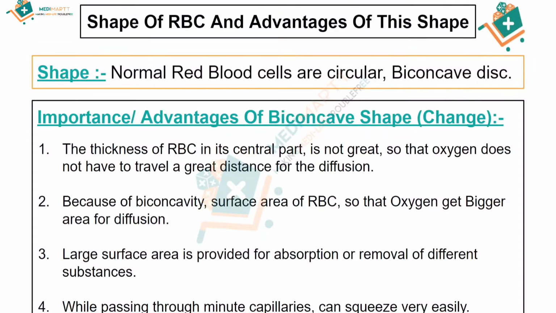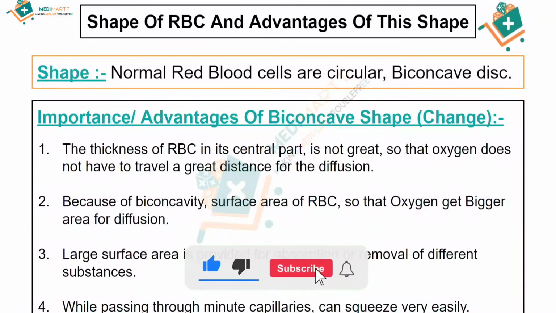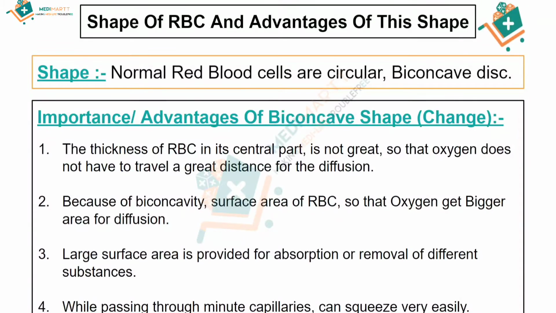Now, what are the importance or advantages of the biconcave shape? The thickness of the RBC in its central part is not great, so that oxygen does not have to travel a great distance for diffusion. As we saw, this cell is thin in the center and thick in the periphery.